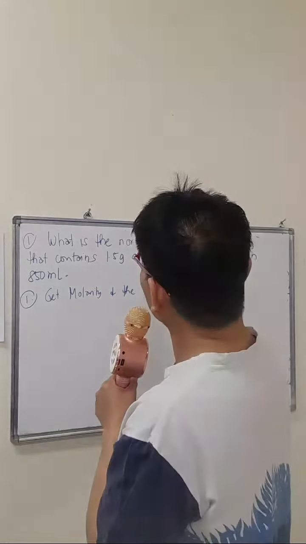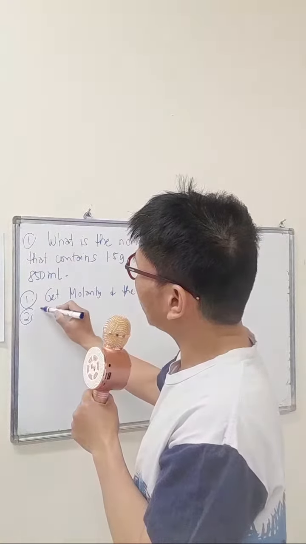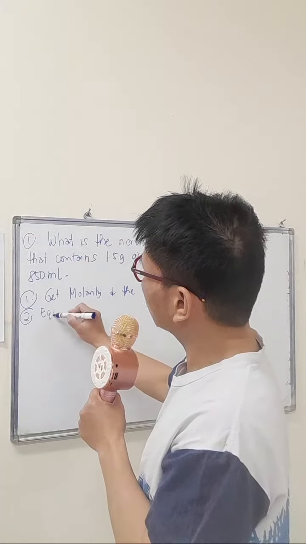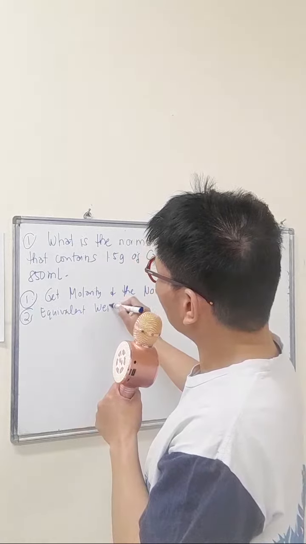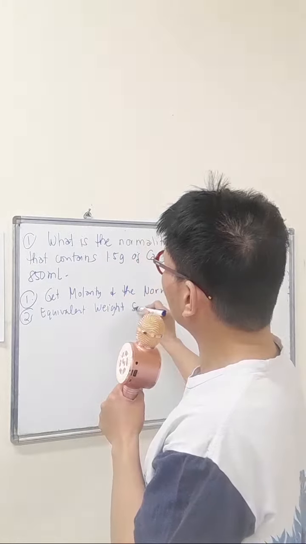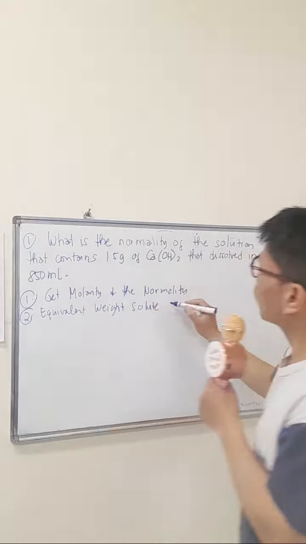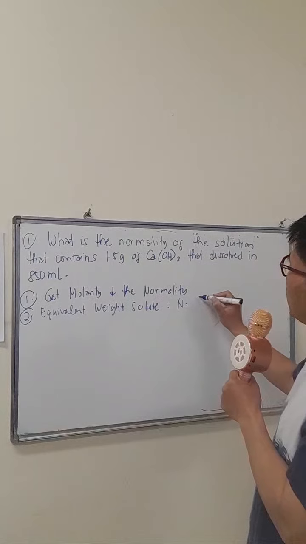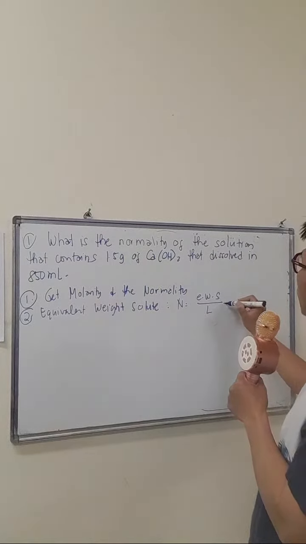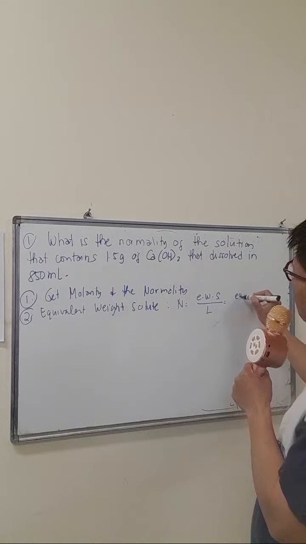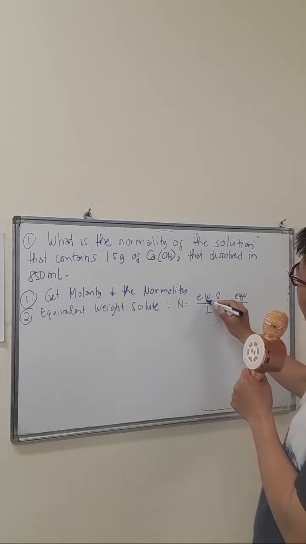The second one is to obtain the equivalent weight of solute, then substitute this to the formula in terms of equivalent weight of solute in normality. So normality is equal to EWS over L. So the unit will be equivalents per liter.